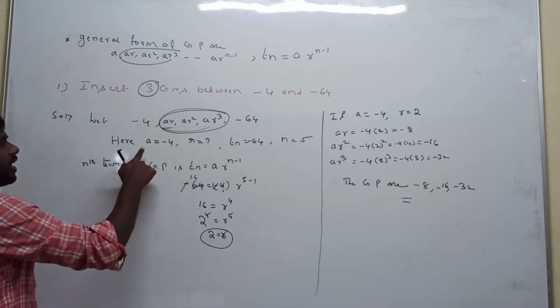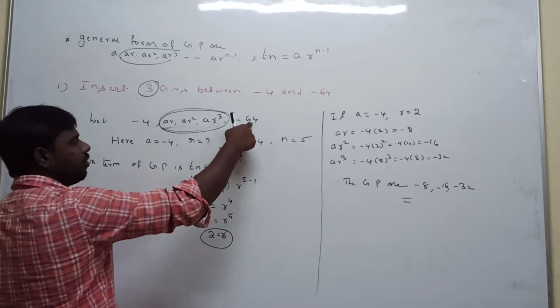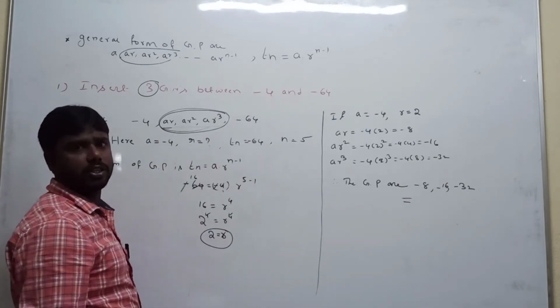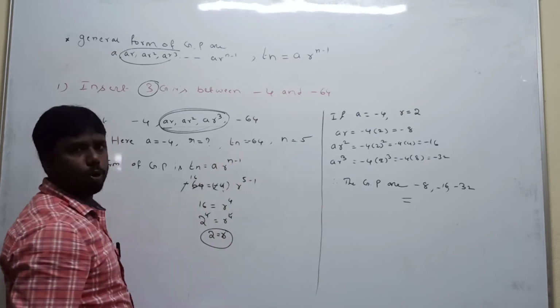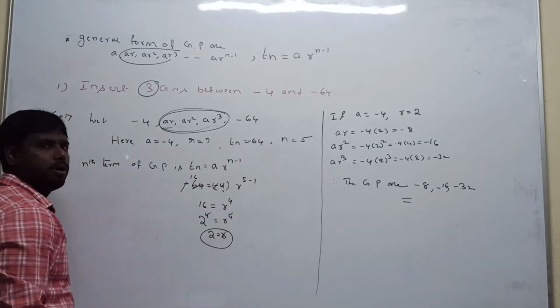In the given sequence A is minus 4. You can take the fifth term or nth term, because the number of elements is 5, and the fifth term is equal to minus 64.